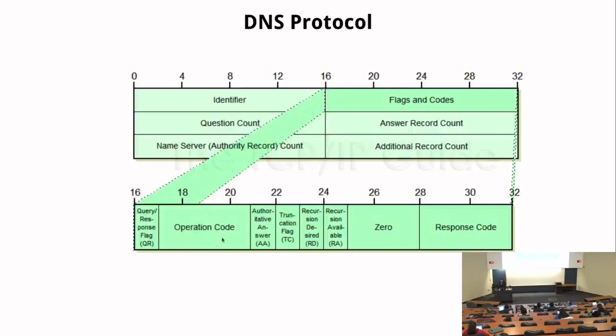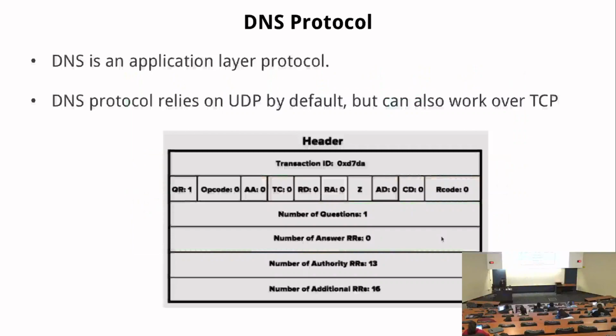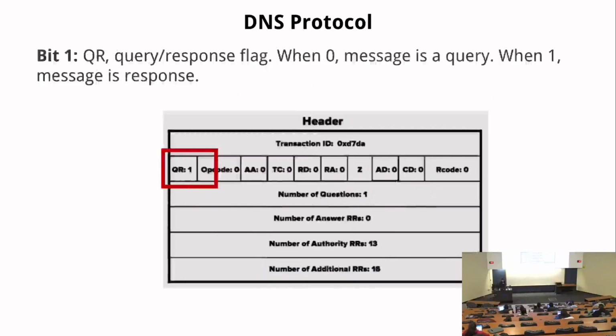There's an operation code to tell what this request is, and also a response code. So this is obviously an application level protocol that relies on UDP, but like many other application level protocols, you can also use TCP for this. But the application level message is so short, it doesn't make sense to use a very heavy underlying protocol like TCP. UDP would be enough.